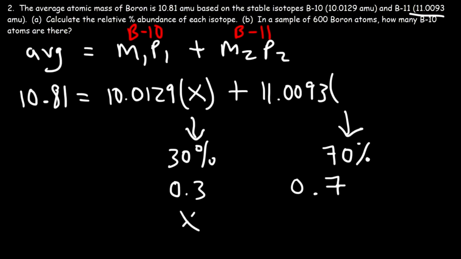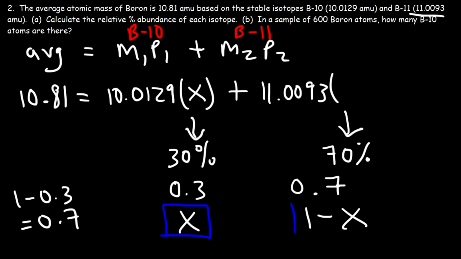If 0.3 is x, then 1 minus x is 0.7, because 1 minus 0.3 gives us 0.7. So if P1 is x, P2 has to be 1 minus x.